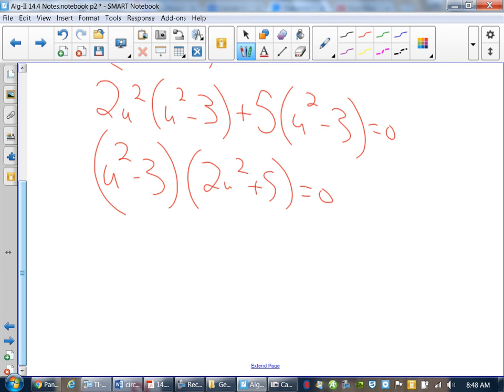U equaled cotangent. So I'll just rewrite it now as cotangent squared x minus 3 equals 0, and 2 times the cotangent squared of x plus 5 is 0. One of those doesn't look like it's going to work out very well, does it?